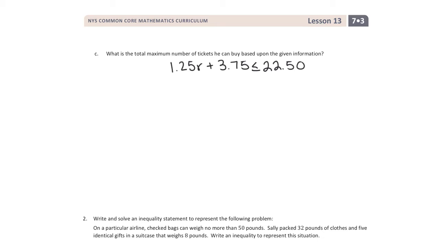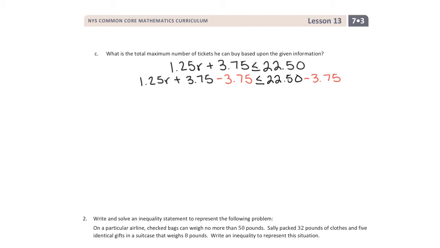That is negative 375. Now when I write my new inequality, I'm going to have 125R plus 375, and then I'm going to combine it with its additive inverse, which is negative 375. Now remember, what I do on one side, I have to do to the other. So I have less than or equal to 2250 minus 375.